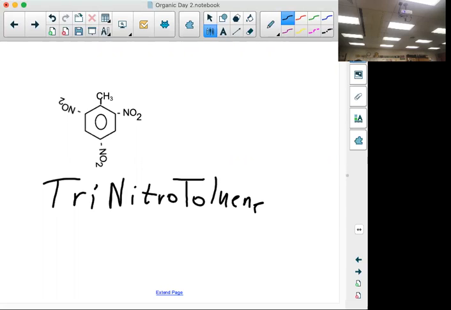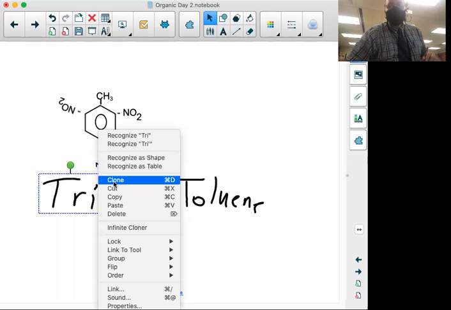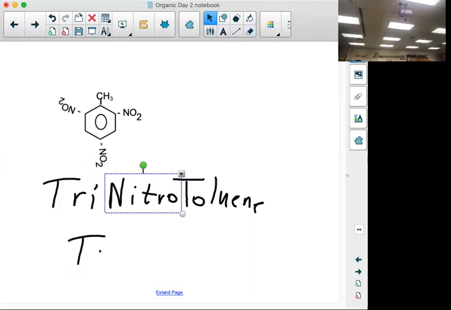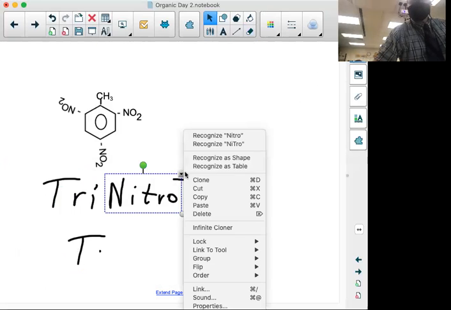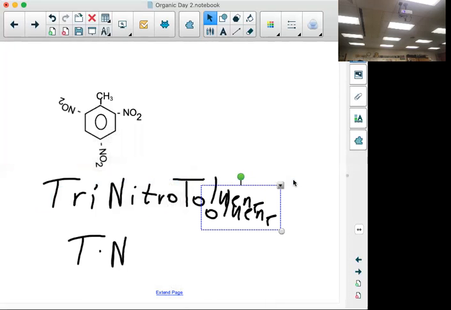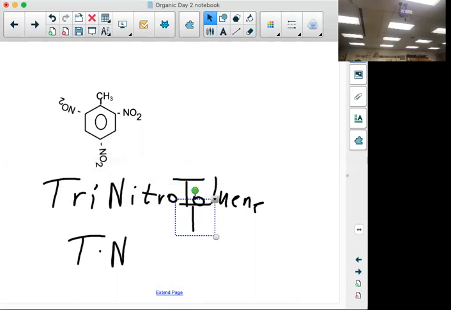Now I didn't have to capitalize the N or the T. In reality, it doesn't have to capitalize the N or T. What's TNT known as? Dynamite! Yeah, whenever you have dynamite, that's trinitrotoluene.